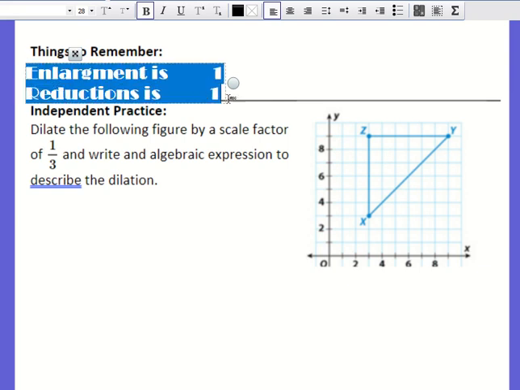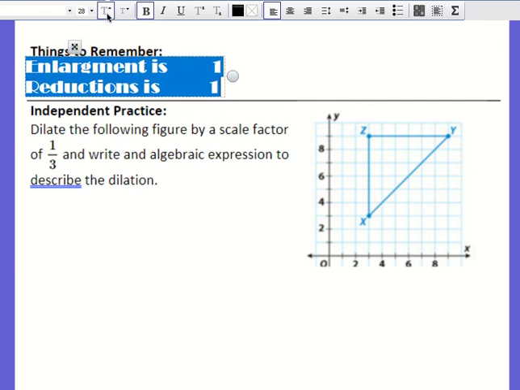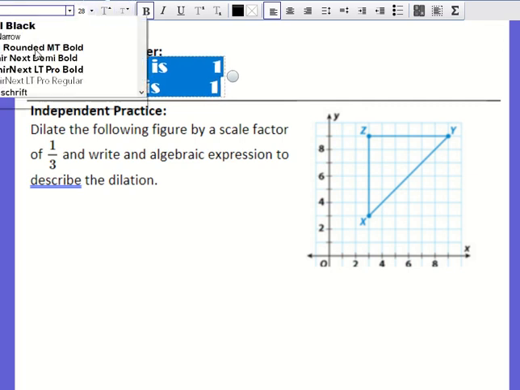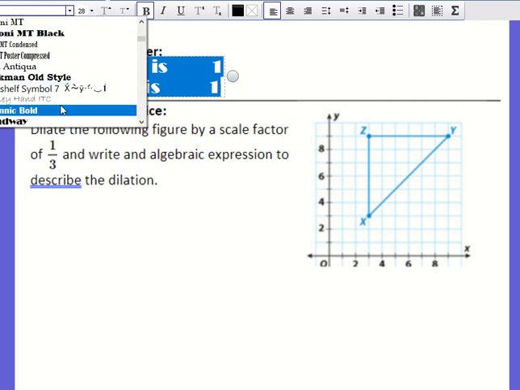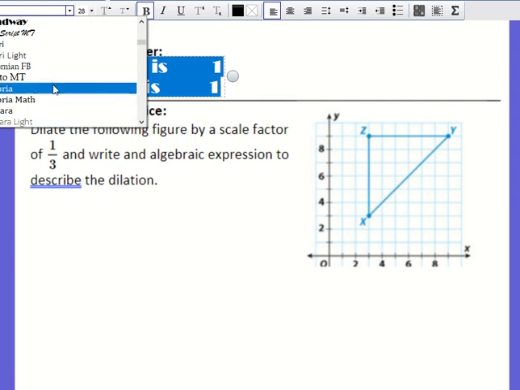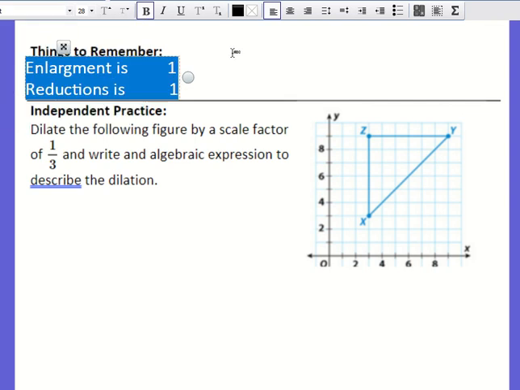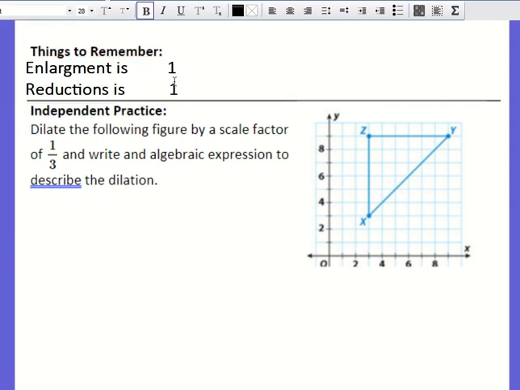So I'm going to finish these in class where we're going to discuss the relationship from an enlargement and a reduction to the number 1. And we're going to fill this in. That way we can have it when we get together.